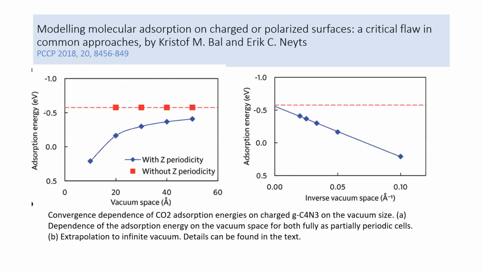And they show, this is the formation energy, and they show that without the correction, the formation energy is increasing as the vacuum size is increasing. But with their correction, and these are all kinds of corrections, they get a straight line, the formation energy is constant.